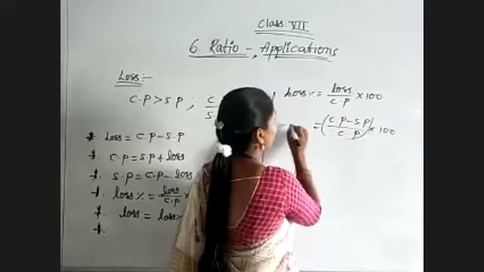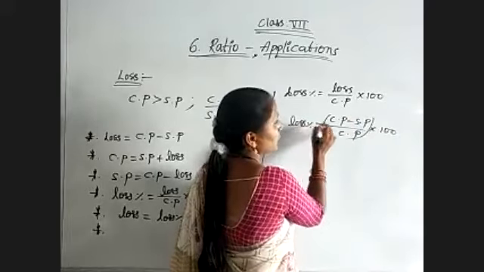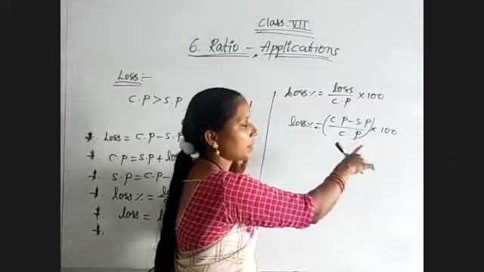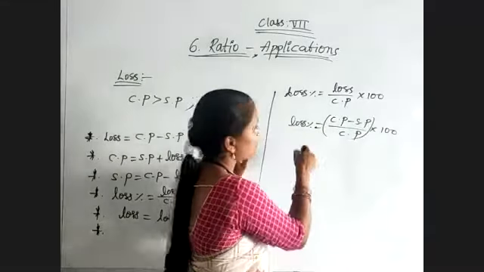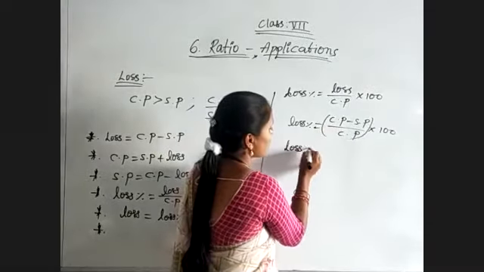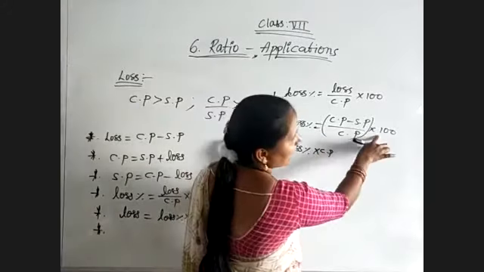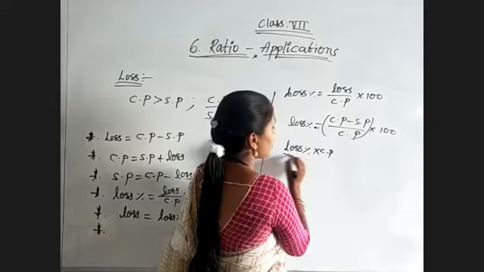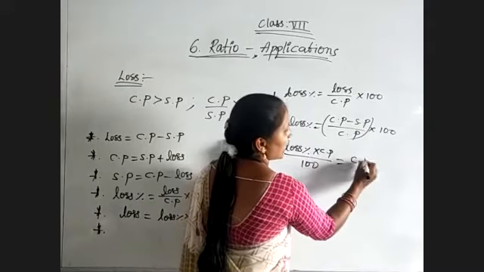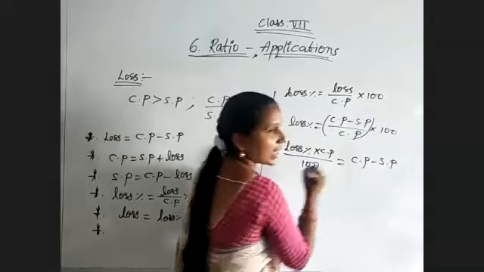Now bring this side. We need to find out SP value. Except the SP, remaining every value bring this side. What will you get? Loss percentage by CP by bringing this side into CP, and here into 100 is there, so divided by 100. And here remaining terms is CP minus SP.